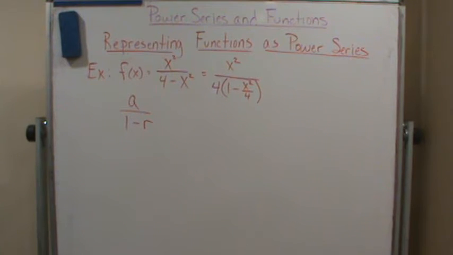So it still doesn't give me exactly what I'm looking for. Now I'm going to have to manipulate this because I can't have the 4 there. Just because I factor it out, I'm not going to be able to keep it there.